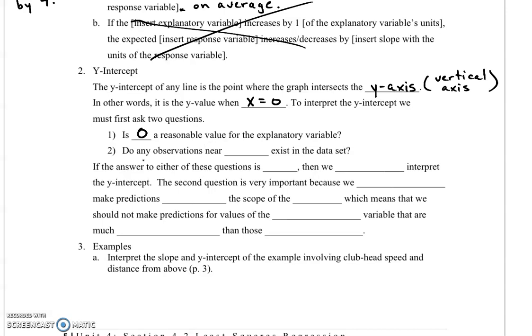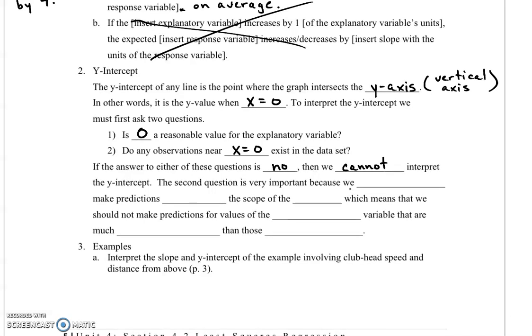The other question we have to ask is, do any observations near x equals 0 exist in the data set? If the answer to either of those questions is no, then we cannot interpret the y-intercept.